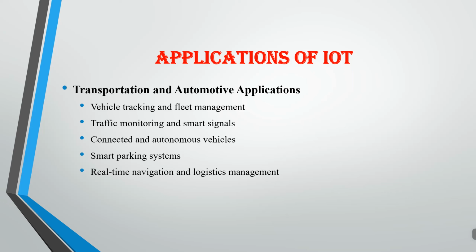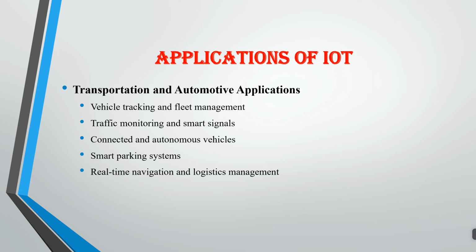How do you come to know that this main road has a traffic jam, or that a lot of vehicles are suffering from it? For this we have traffic monitoring and smart signal devices which are controlled by IoT. So the traffic monitoring system and smart signals are applications of IoT.